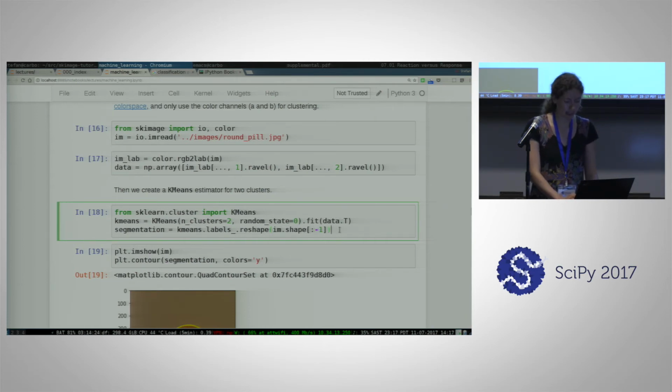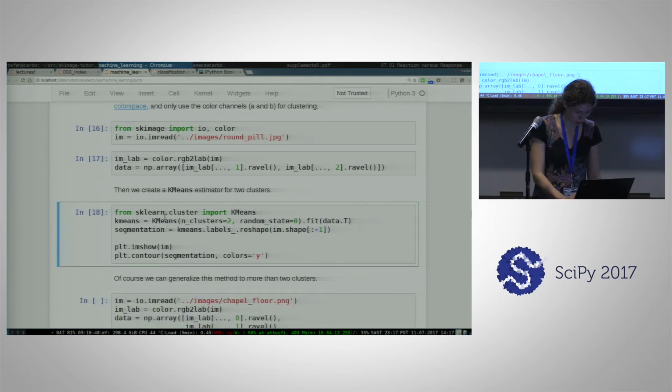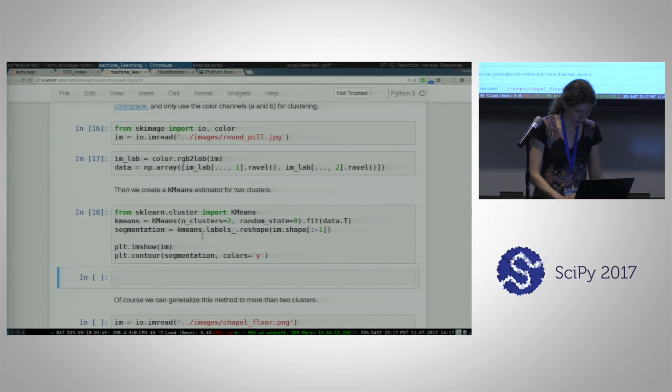And then I have this labels underscore property of the k-means estimator. So let me just show you. It's an array of labels. So k-means dot labels.